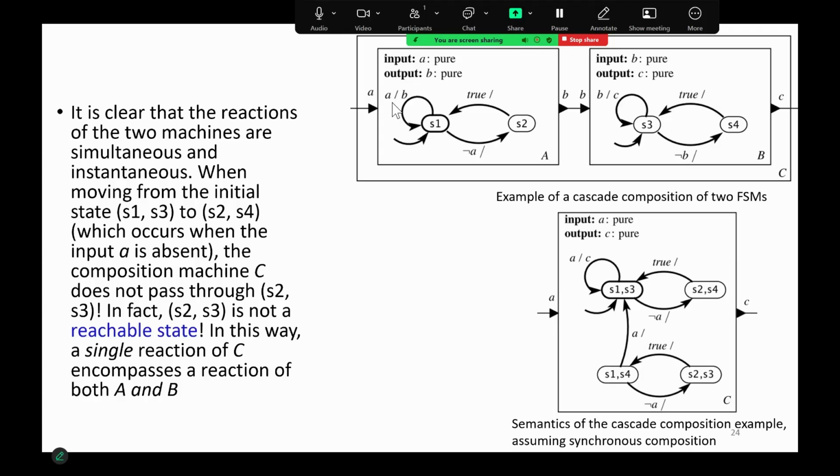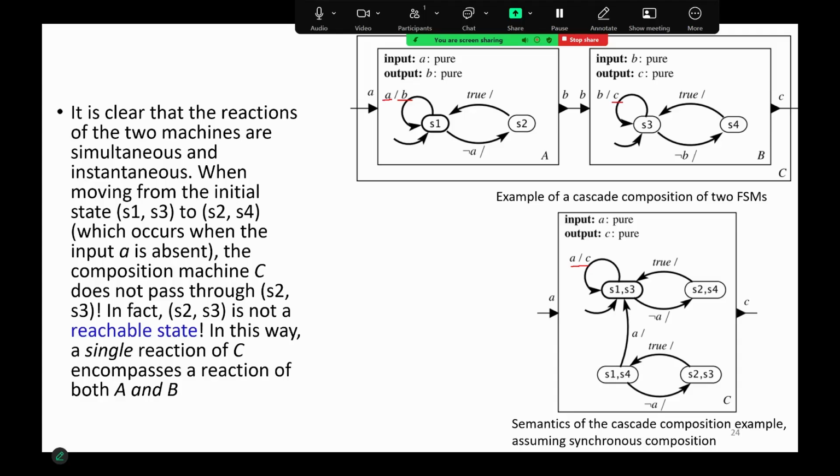Exactly. A is there, so B will be there. And then given that they are synchronous and cascade, they are happening at the same time. So C will fire immediately. That's why I wrote here AC. So it's not in the second step. So A will fire B and B will fire C. Clear?